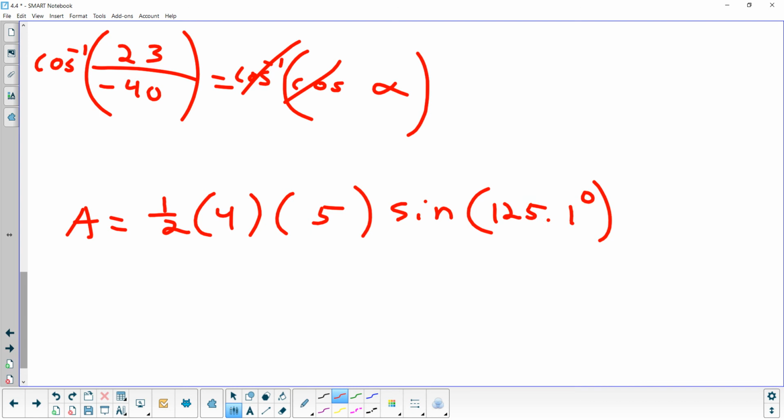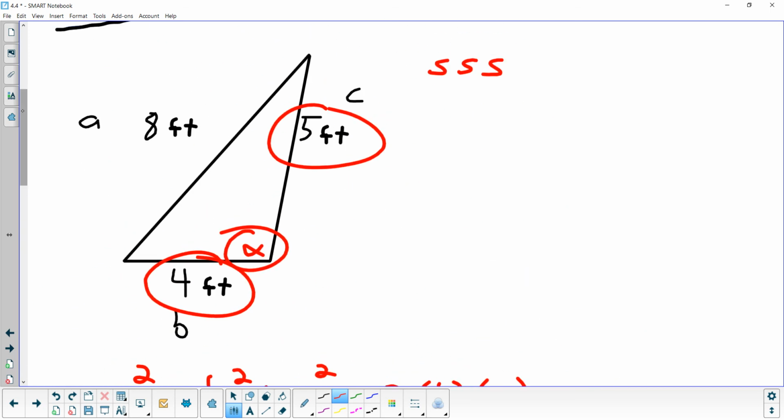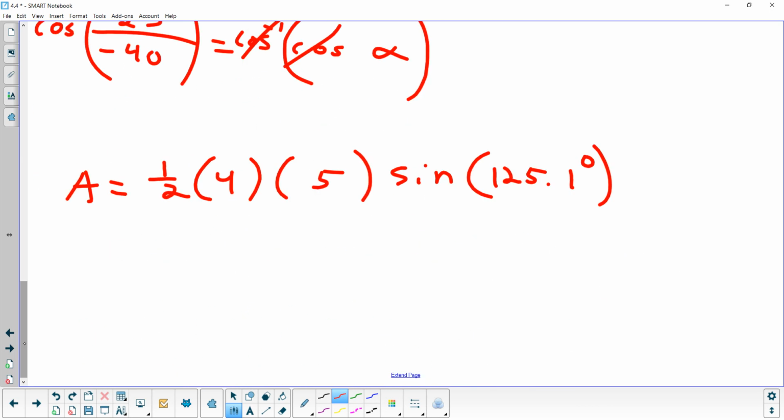And again, you didn't have to solve for that angle. You had to solve for one of the angles. But you could have solved for beta, or you could have done gamma. It would have changed which two sides you had to use when you did the area. But I chose to find alpha. All right, now we just type it in.